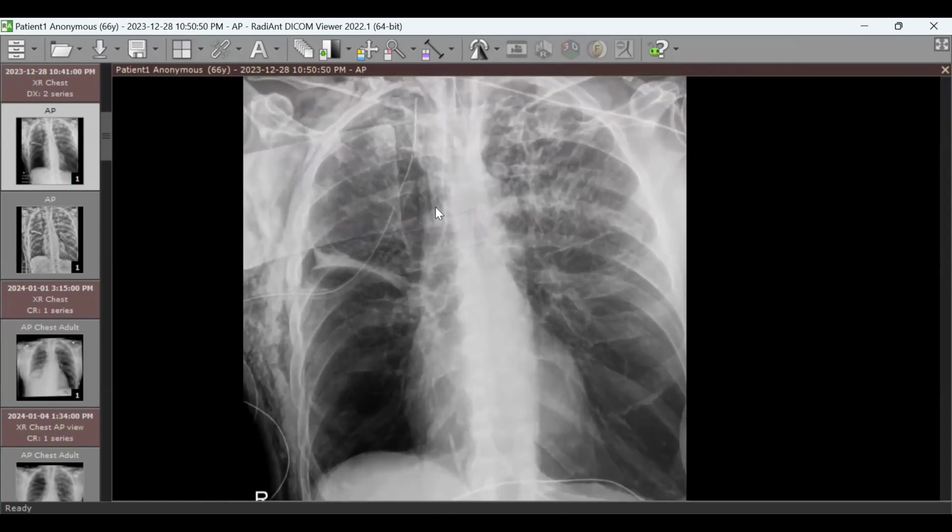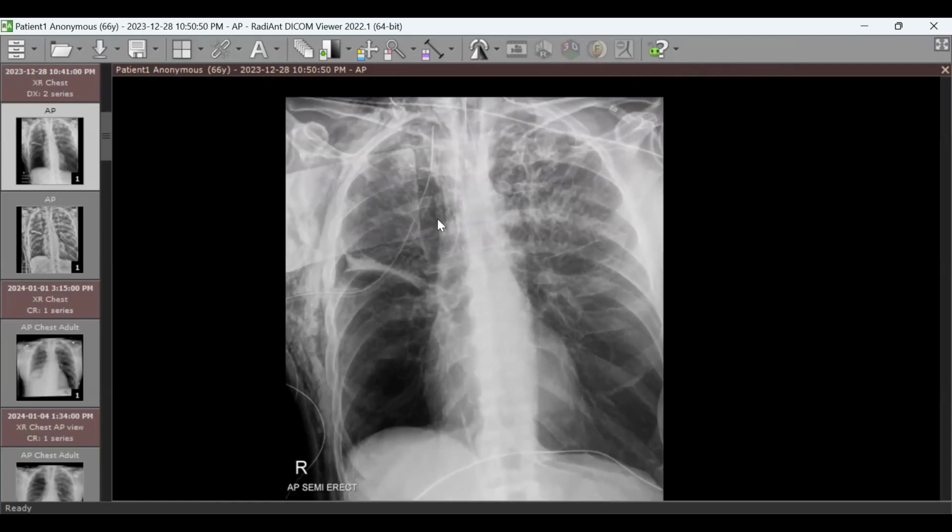So this patient presented, a 66-year-old male patient presented with cardiac arrest and went through cardiopulmonary resuscitation. Frontal chest X-ray shows there is bilateral. Before that, you said frontal projection, right? There is information annotated on the film itself, labeled AB semi-erect.